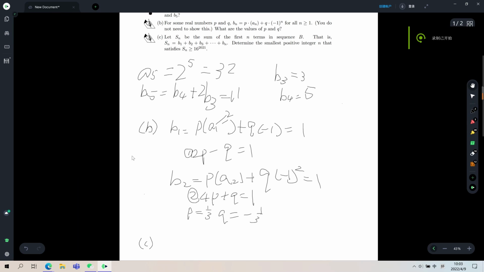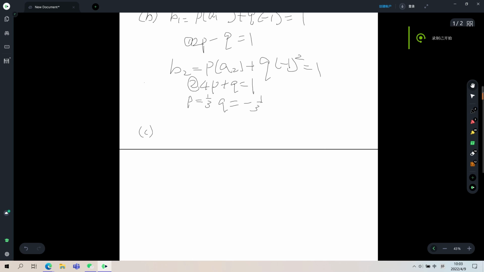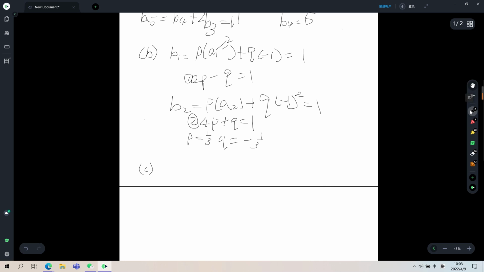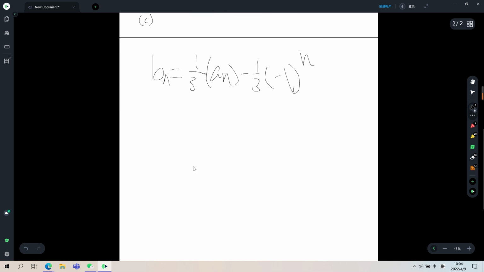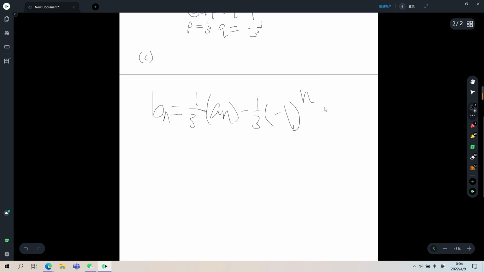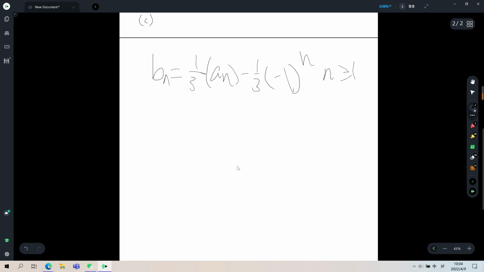C. Okay, so using the results we got in question B, we can define bn as 1 over 3 times an minus 1 over 3 times negative 1 to the power of n, for n greater than or equal to 1.